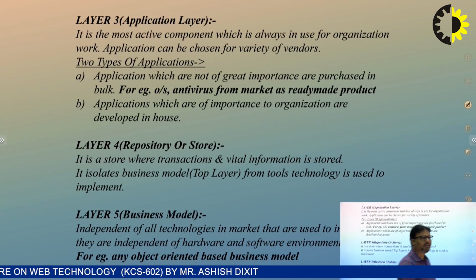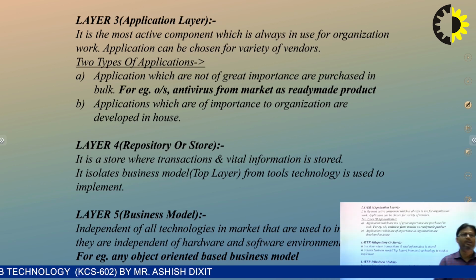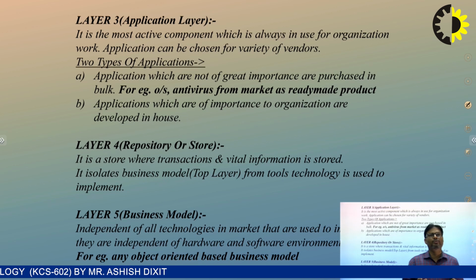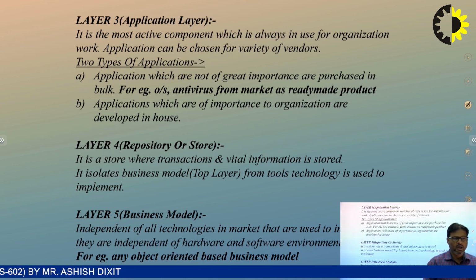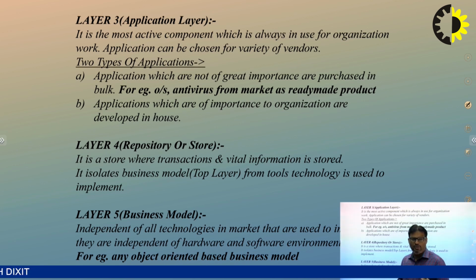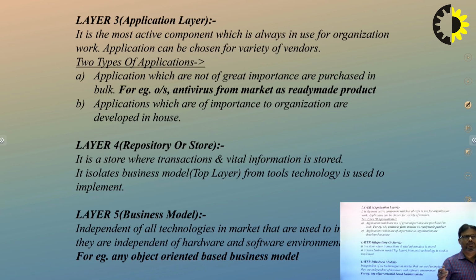Next, layer 3, the application layer. It is the most active component, which is always in use by an organization. Applications can be chosen from a variety of vendors. Two types of application are used here. Applications which are not of great importance are purchased in bulk from the market as ready-made products, like antivirus. Applications which are of importance to the organization are developed in-house. Next, layer 4 is called the repository or store, the storage point.